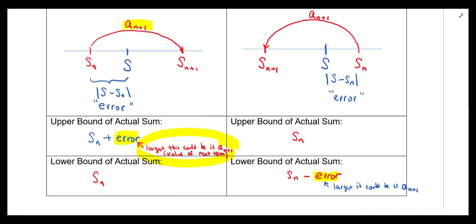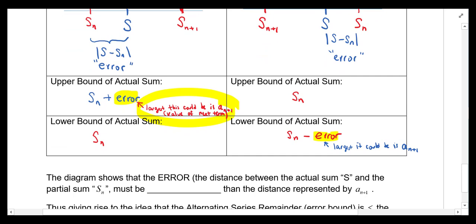So in these diagrams, it really shows that the error, which is once again the distance between the actual sum and the partial sum, must be smaller or shorter than the distance that's represented by the next term. So I'll say smaller or shorter than this a sub n plus 1, right?